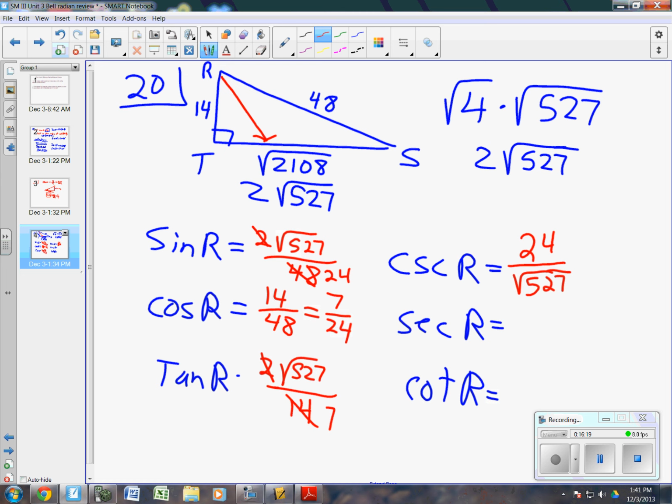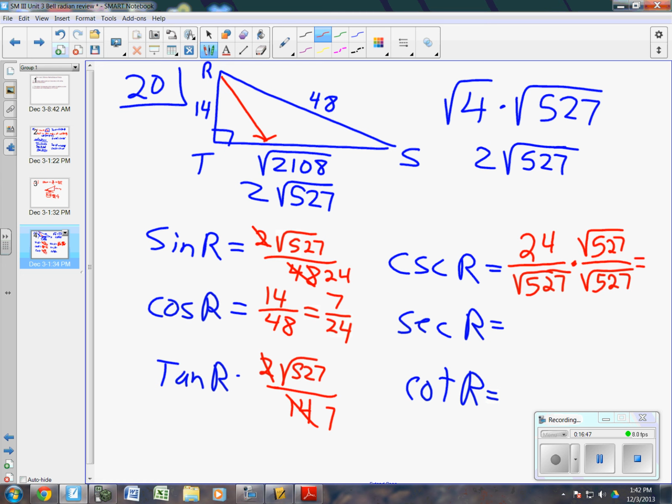So they do what they call rationalizing, which is getting a radical out of the denominator. And in this case, all you have to do is times the top and bottom by the square root of 527, because that's 1, isn't it? The square root of 527 divided by square root of 527 is 1. And you can times anything by 1, but this certain kind of 1 is just going to change what it looks like. It's not going to change its value.